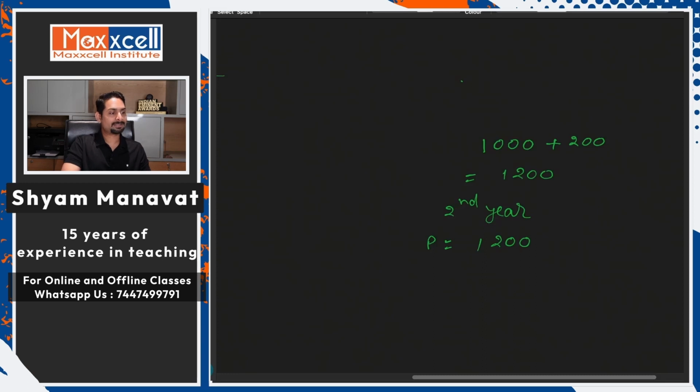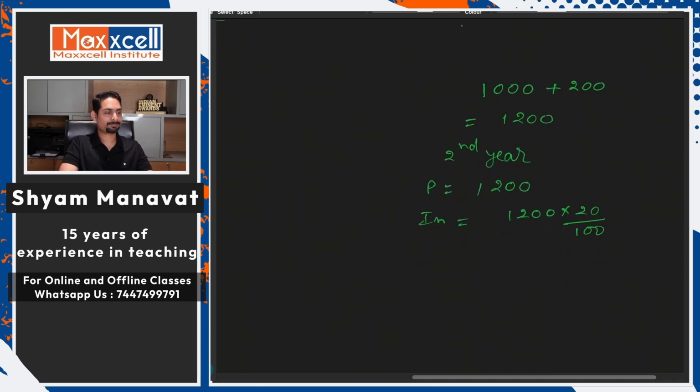So now this time the interest will be calculated, which is nothing but 20% on 1200. Cancel this out, and now this time you have 240 rupees.